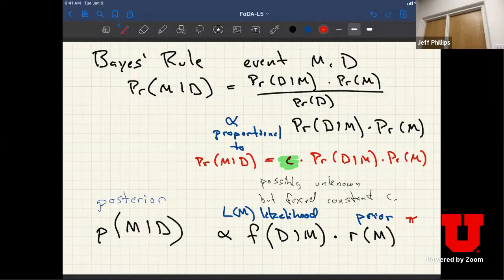The posterior is proportional to the likelihood times the prior. Because there's also this PDF of the data, but that's constant for everything, and we don't know how to calculate that in most cases. So we use proportional to.